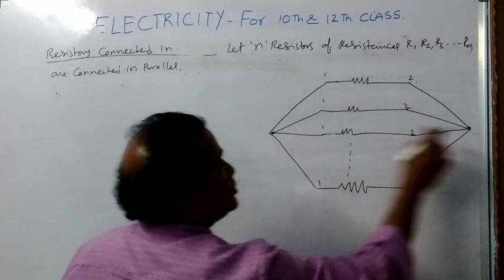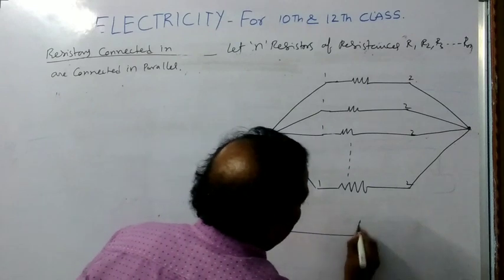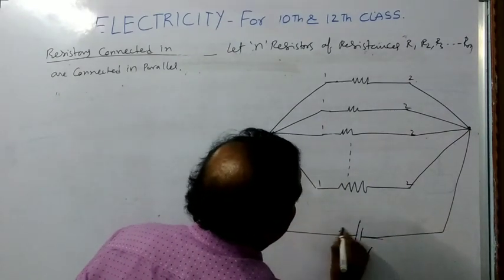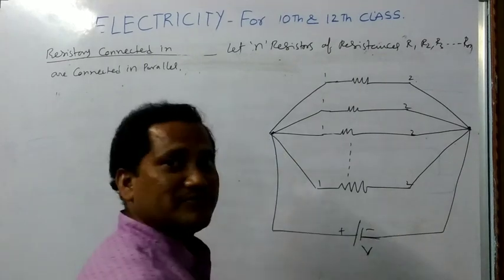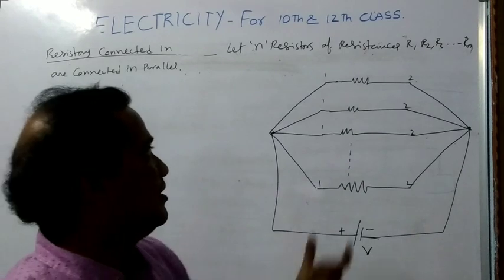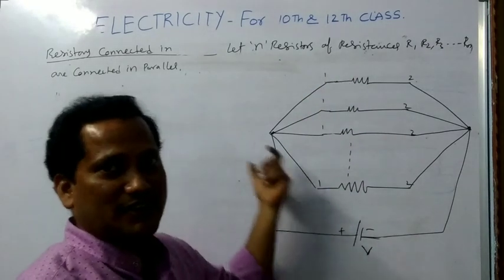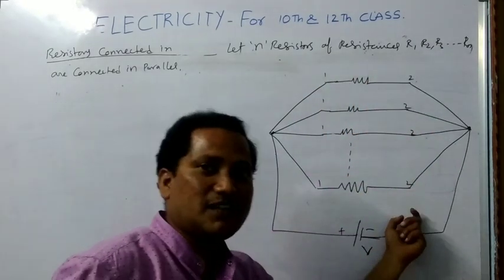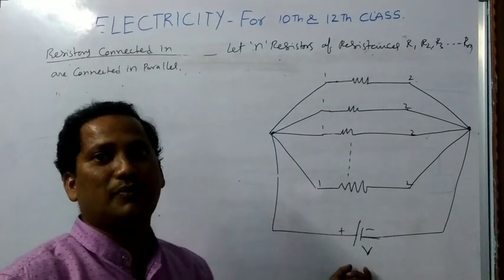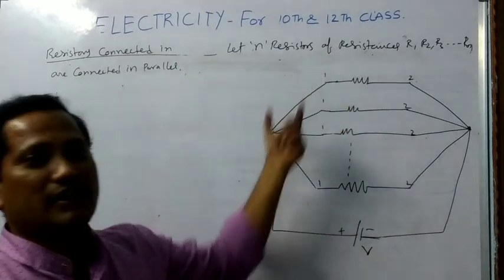Now these two ends are connected to the battery of potential V. This is the parallel connection. Remember this. All first terminals of the resistors are connected to one end, all second terminals are connected to the other end, and these two ends are connected to the battery. This is called the parallel connection.